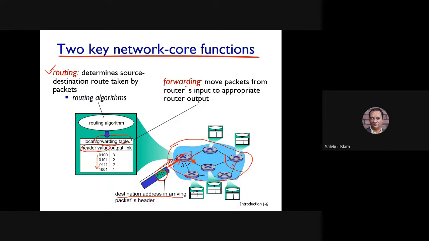Say this is your source and this is your destination. From source to destination, you are sending multiple packets. It may happen that your first packet takes one route, and your second packet takes another route.